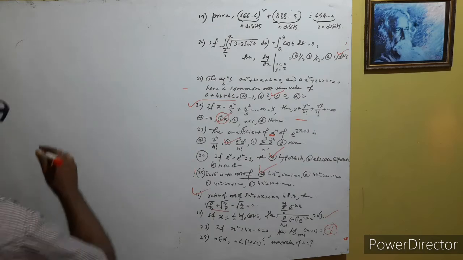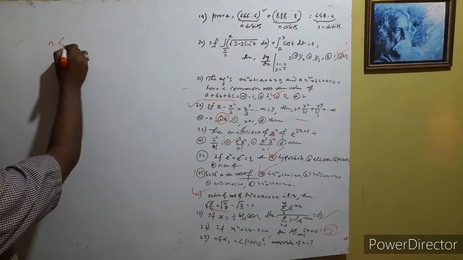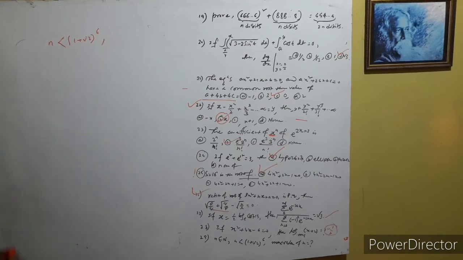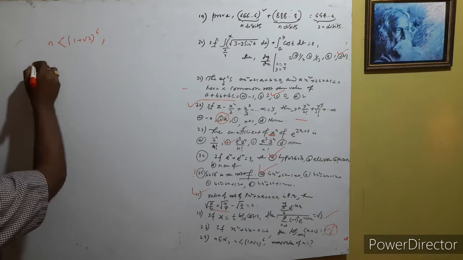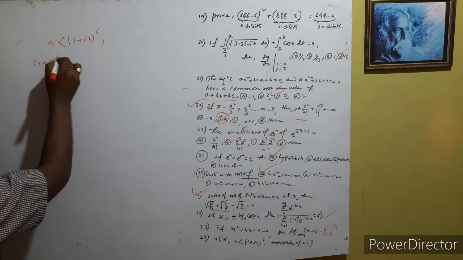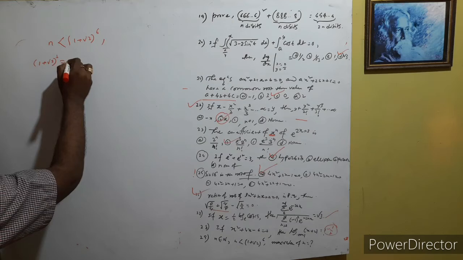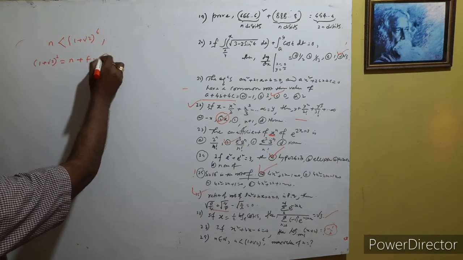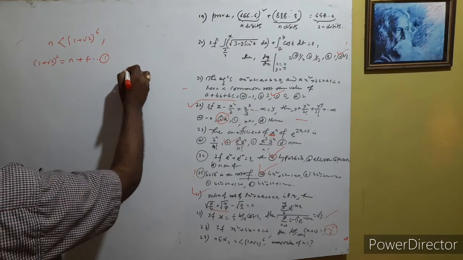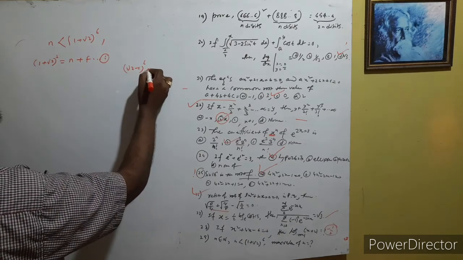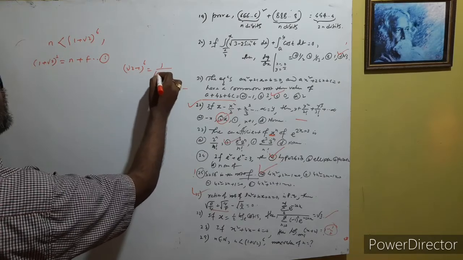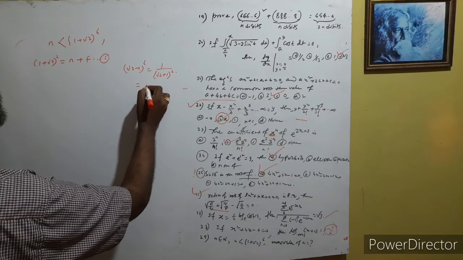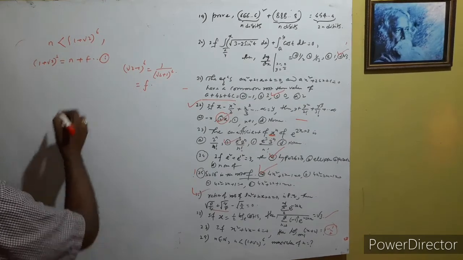Sorry, this is here n less than 1 plus root 2 to the power 6. Now see, 1 plus root 2 to the power 6 is equal to n plus some fraction. Now root 2 minus 1 whole to the power 6 is equal to 1 by root 2 plus 1 whole to the power 6, and that is only a fraction.